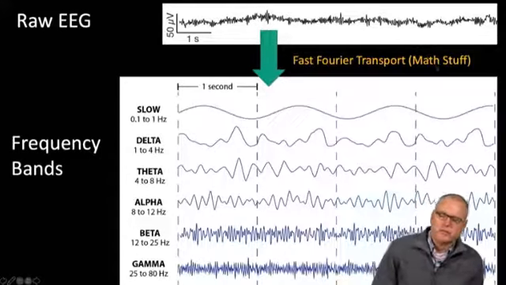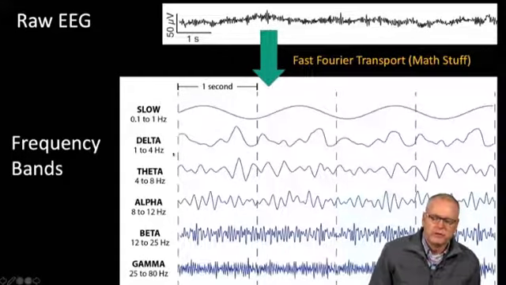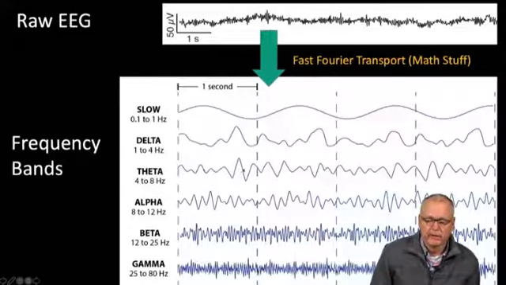It uses some math, fast Fourier transform, to decompose the raw EEG into various frequency bins. We have delta, 1 to 4 hertz; theta, 4 to 8; alpha, 8 to 12; beta, 12 to 25 hertz; and gamma, 25 hertz and above. You add all these up and you'd end up with this waveform.